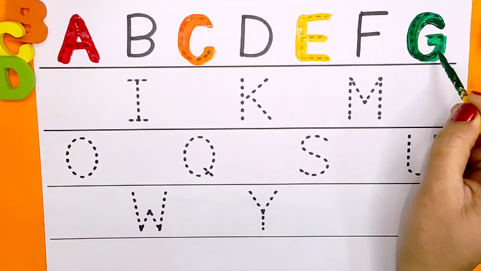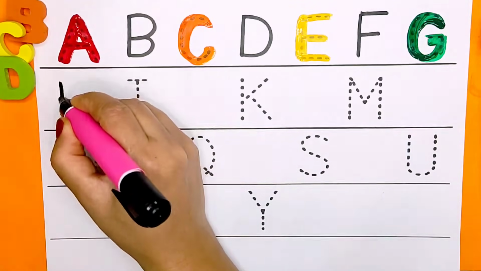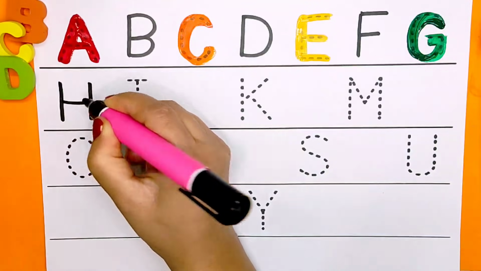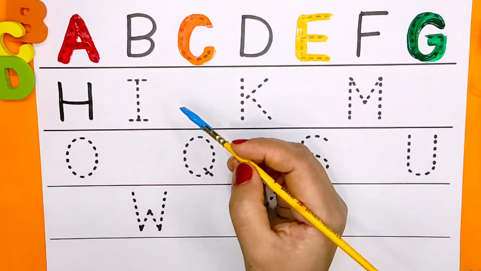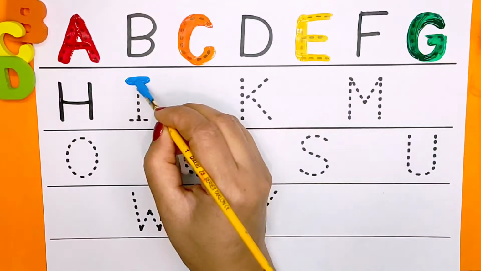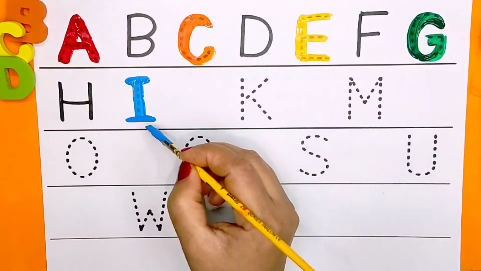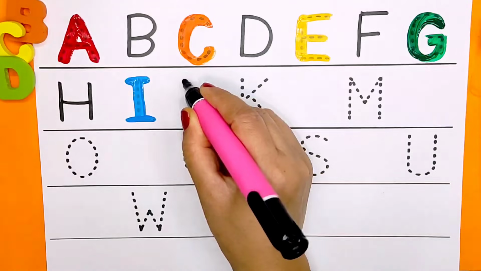G for goat, missing letter. H for horse, sky blue color. I for island, missing letter.